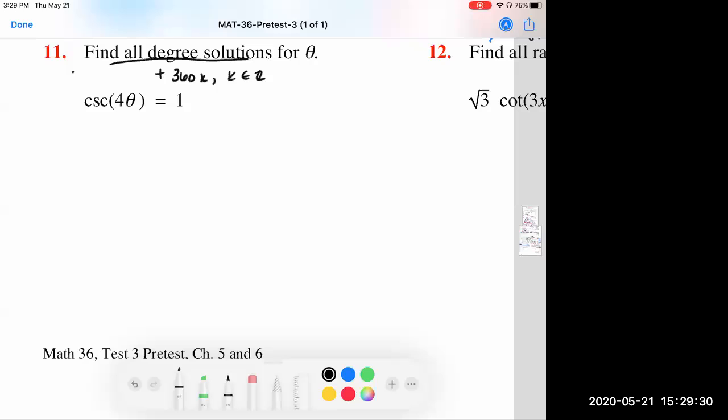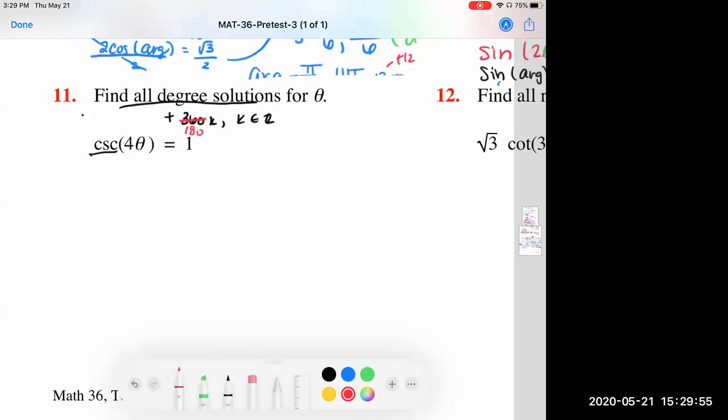So for those, because we have cosecant, it won't be plus 360k. It would be half of your answers, and it would be plus 180k. But if you do each one and add 360k, you're not wrong. You're just listing some twice. Does that make sense?